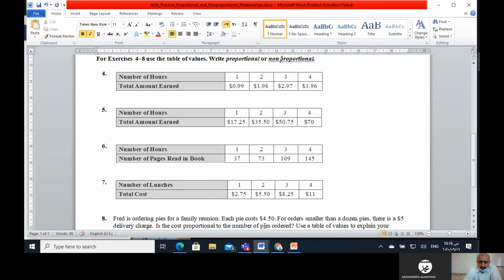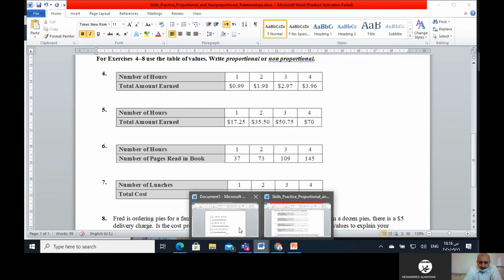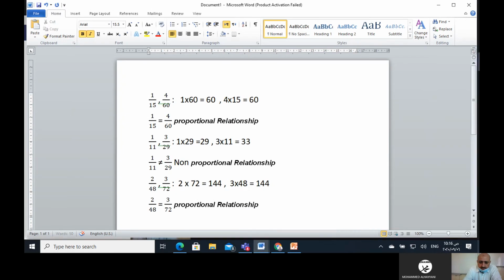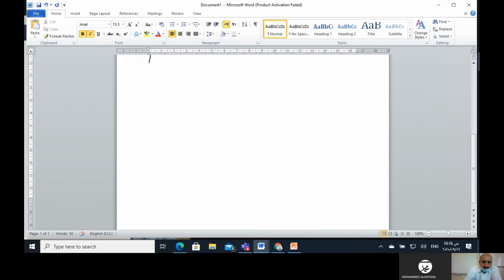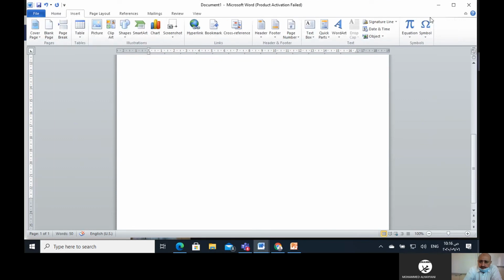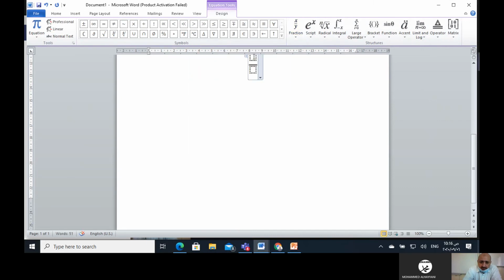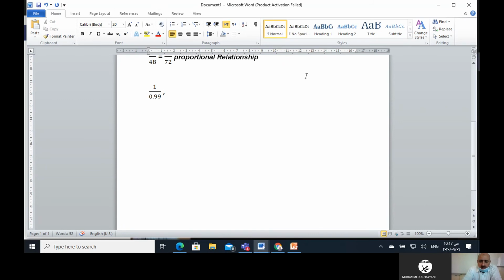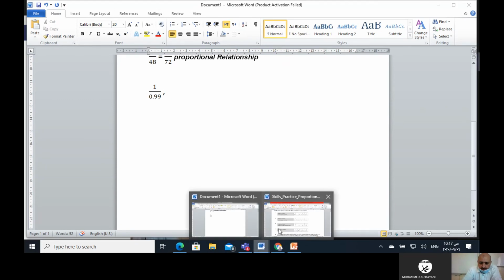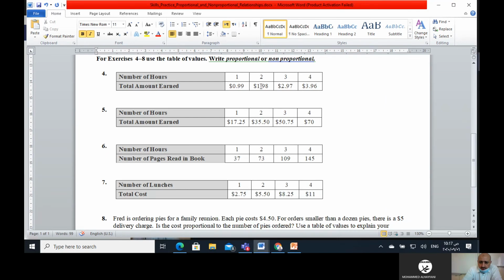So I can write now 1 over 0.99, and the second ratio 2 over 1.98.